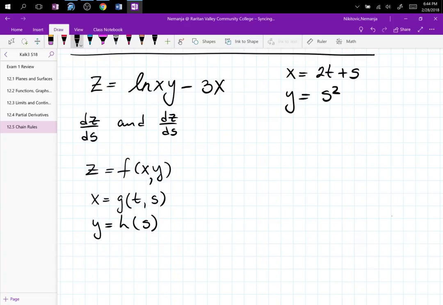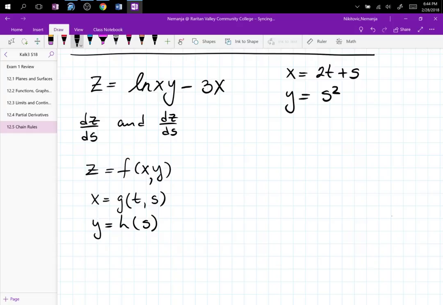Are we all able to do this by looking at the formulas up there? So z has only x and y as variables within z, so function of x and y. X has both t and s as variables, and y has only s as a variable.